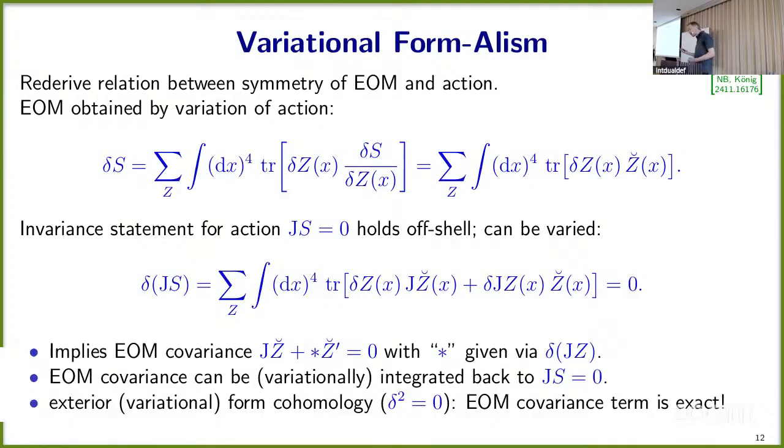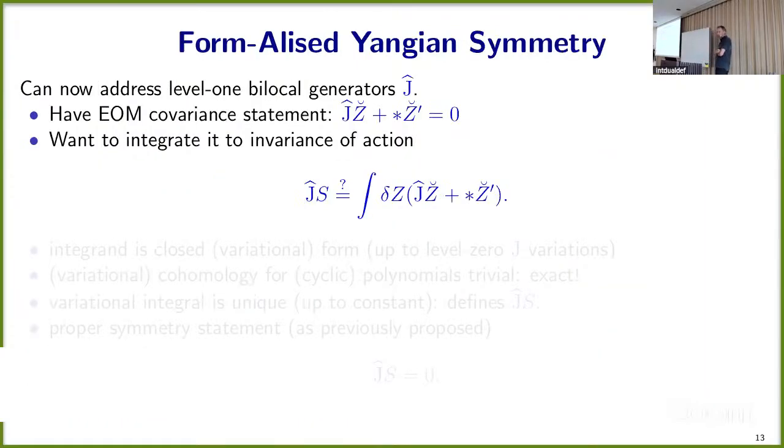So this is just plain ordinary quantum field theory in a somewhat formal way, but you can apply this now to Yangian symmetry, where we do have the covariance statement for the equations of motion, which roughly takes again this form here, and we want to integrate it to an invariance of the action.